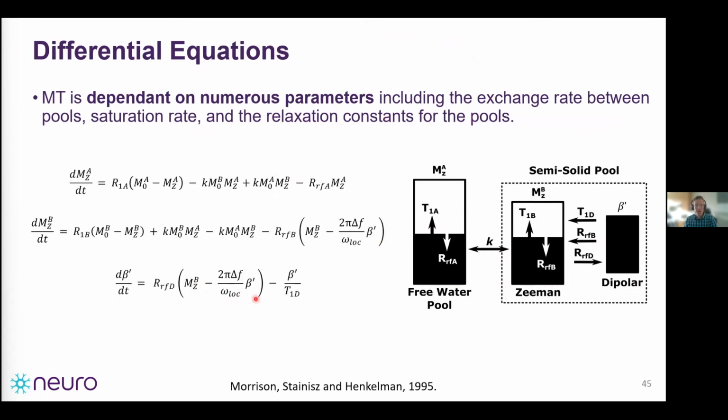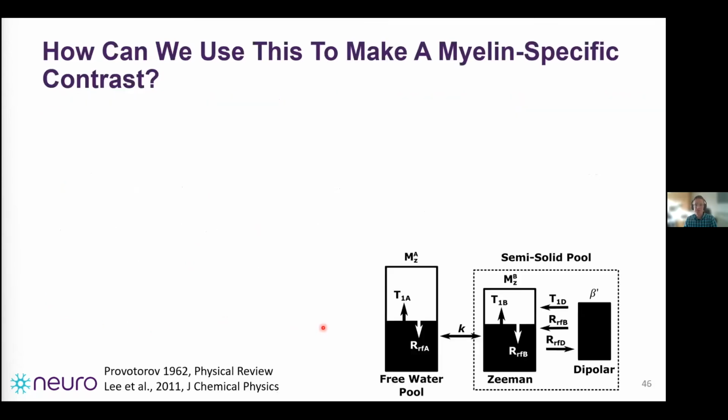We won't get into these equations, but you can basically model this three-pool system with three sets of differential equations. If you could reach a steady state, you could solve this, but because of safety concerns, we can't do that realistically in vivo. So we have to evaluate these numerically.